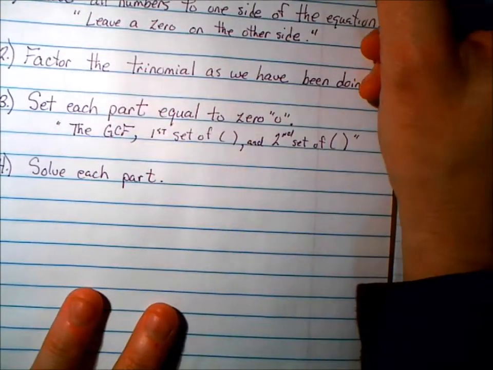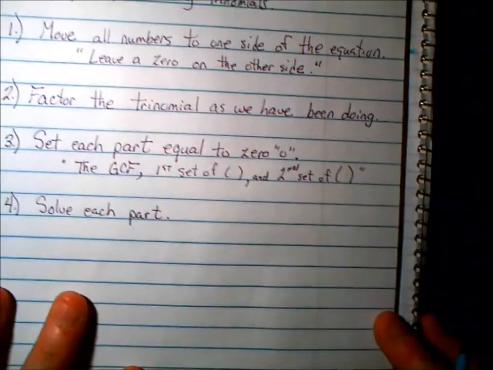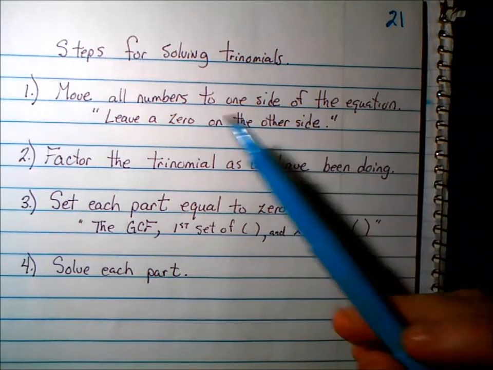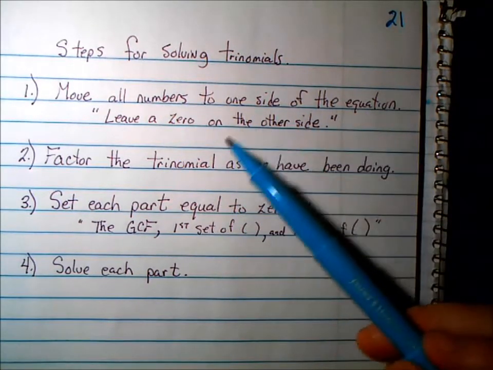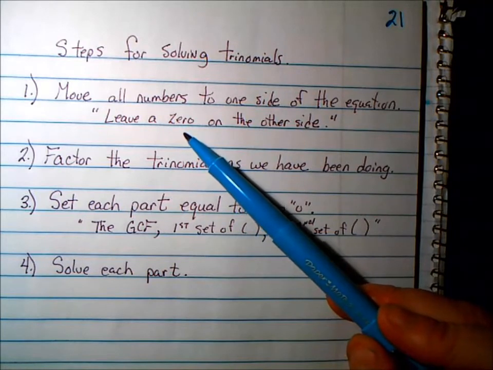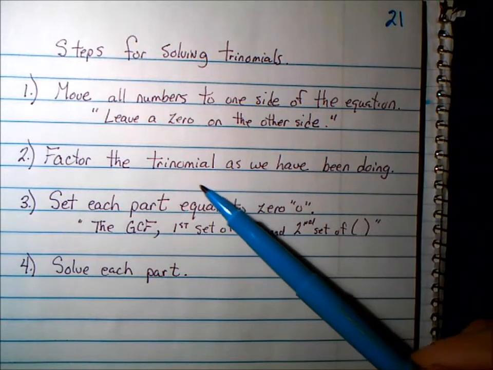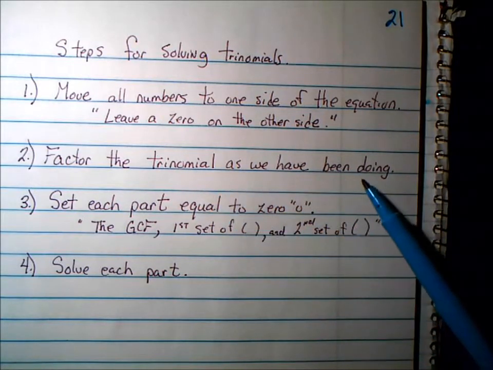On page 21, I have listed the actual steps that I was saying to you. I want to make sure that I move all my numbers to one side of the equation, which means I have a 0 on one of the sides. Then I need to factor that trinomial. If it's a binomial, I need to pull out a GCF. But that's what we were doing before.